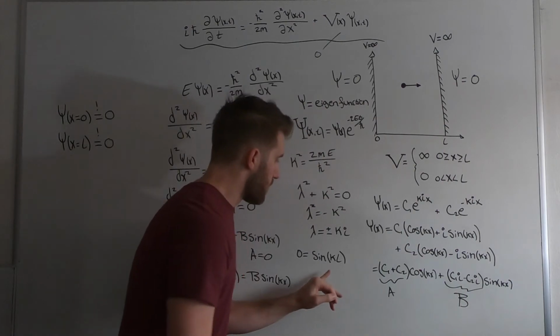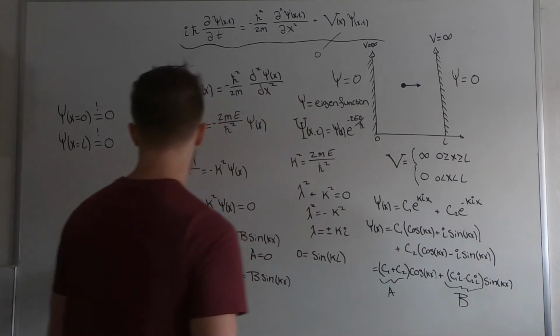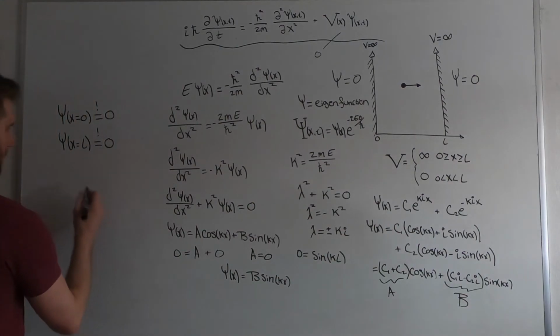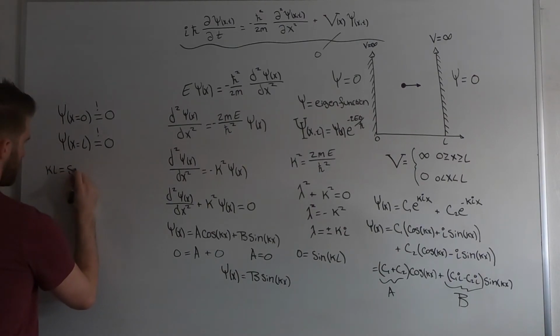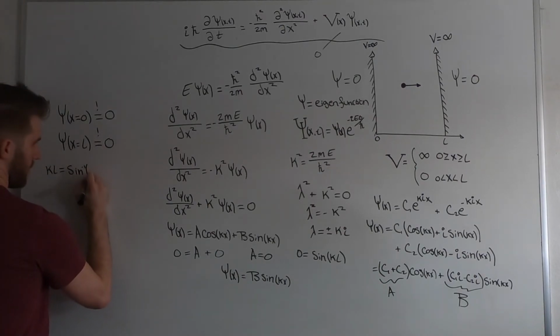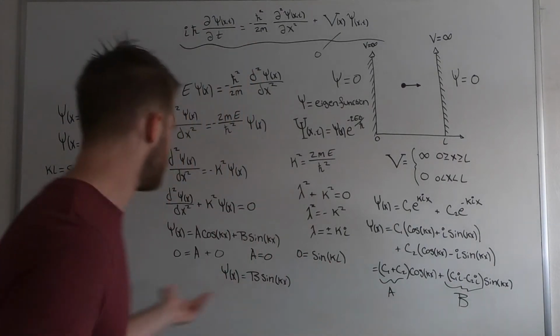So we can take the inverse of sine, and we have KL is equal to sine inverse of 0. Now, where is sine equal to 0?